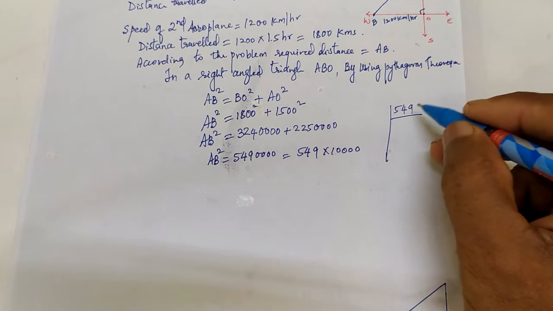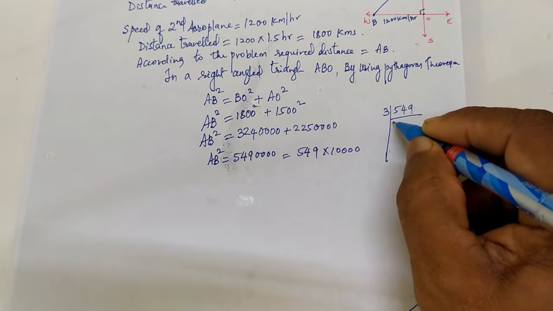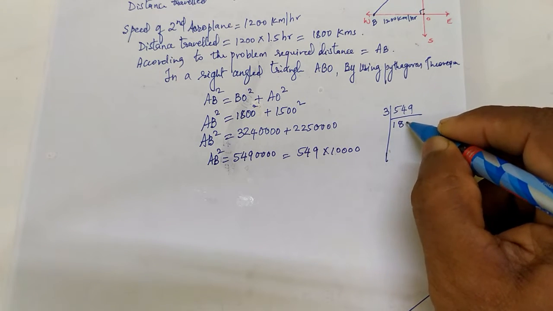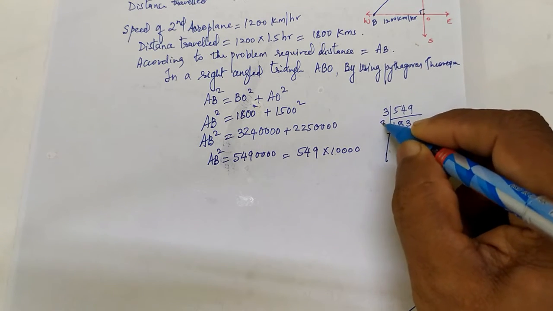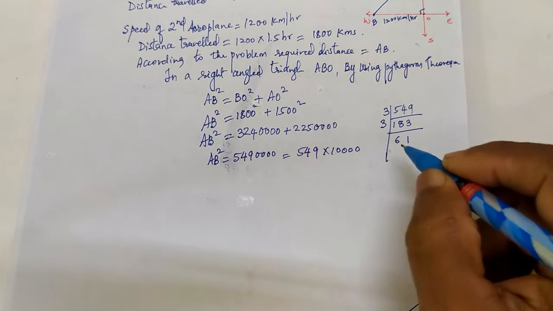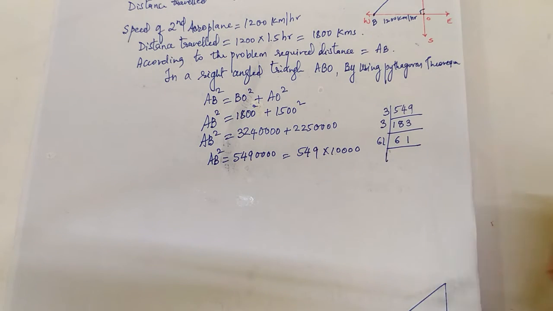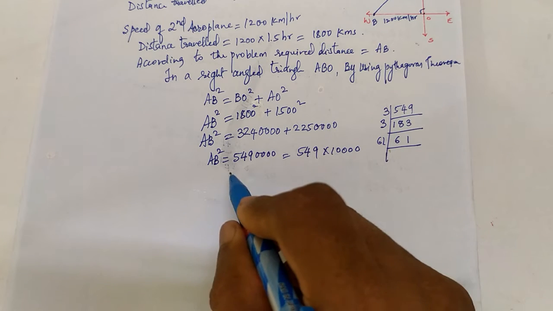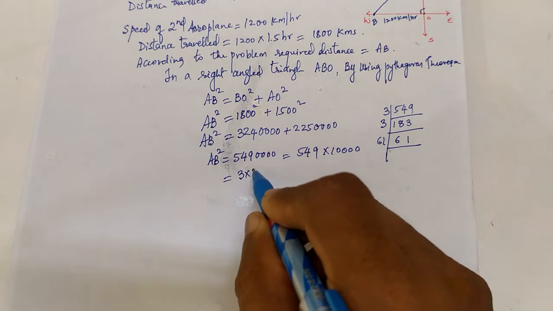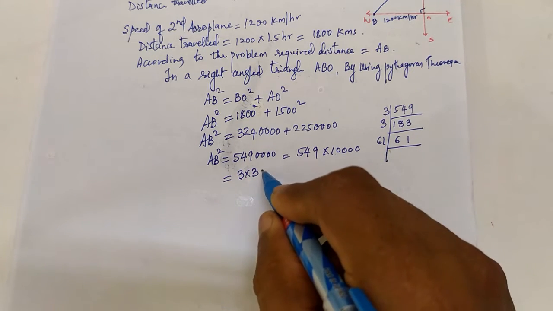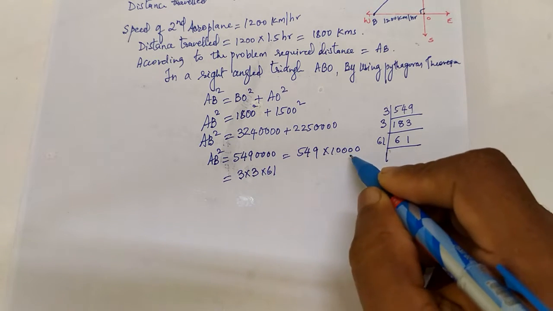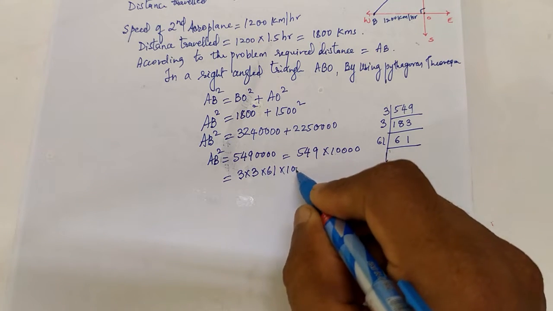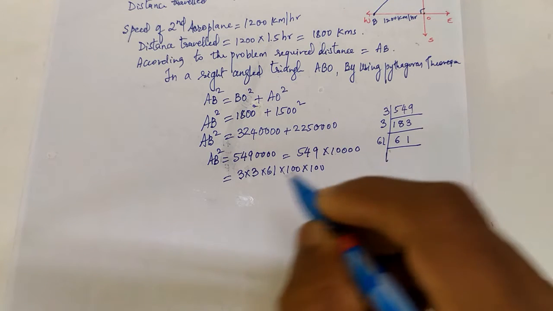549, as it is an odd number, 3 1s are 3, 3 8s are 24, and 3 3s are 9, 3 6s are 18, and 1. And this 61 is a prime number, therefore this number will be 3 into 3 into 61, and this is 100 into 100.